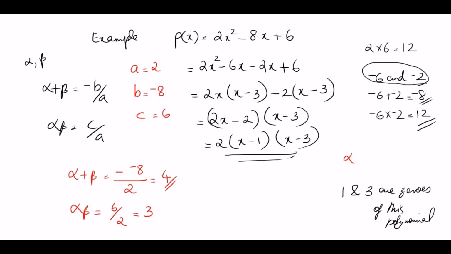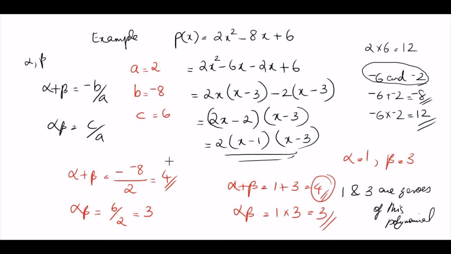Alpha is equal to 1 and beta is equal to 3. Alpha plus beta is 1 plus 3 and alpha beta is 1 into 3, so you get 4 and 3. So when you verify, you can see alpha plus beta is equal to minus b by a and alpha beta is equal to c by a.